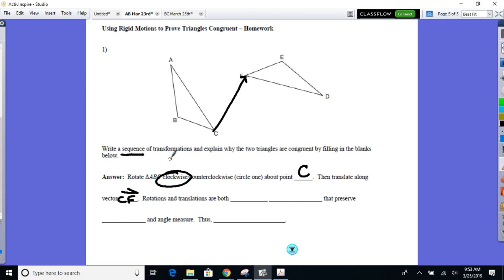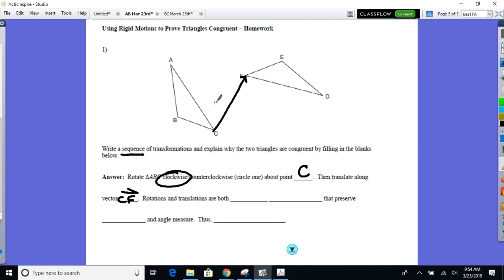Now, what if Bella had said rotate around point B? That would have changed my vector to BE. If she said rotate around point A, my vector would be AD. Whatever point I rotated around would be the start of the vector. So I'm going to rotate it and slide it along that vector. Does the vector always have to start from the point that you're rotating?